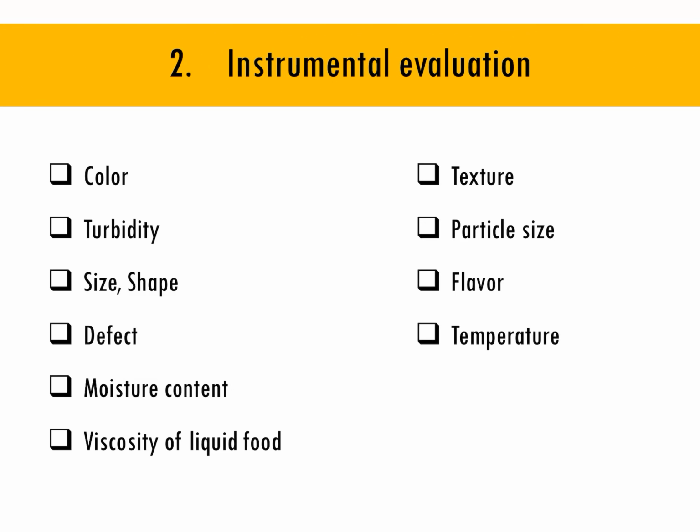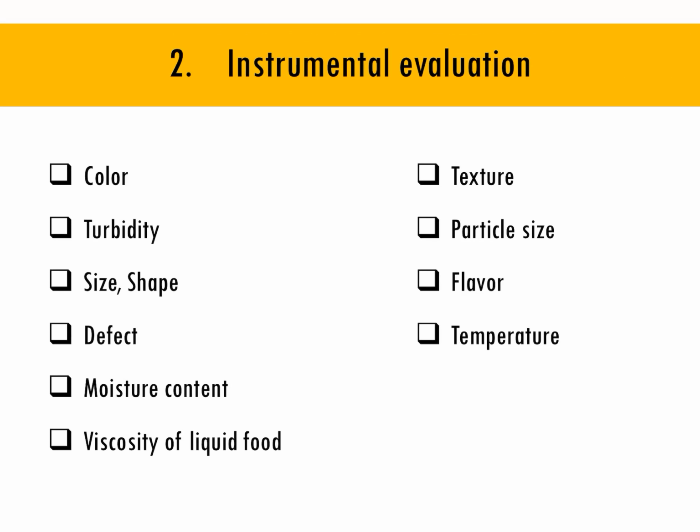The second evaluation is the instrumental evaluation. This technique serves to address the disadvantage of sensory evaluation, because even though sensory evaluation can evaluate characters that are quite specific in a food sample, dealing with people is sometimes quite difficult.